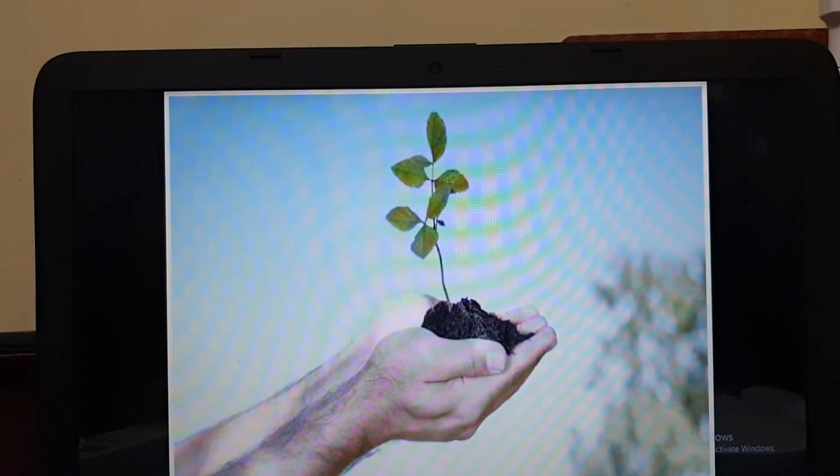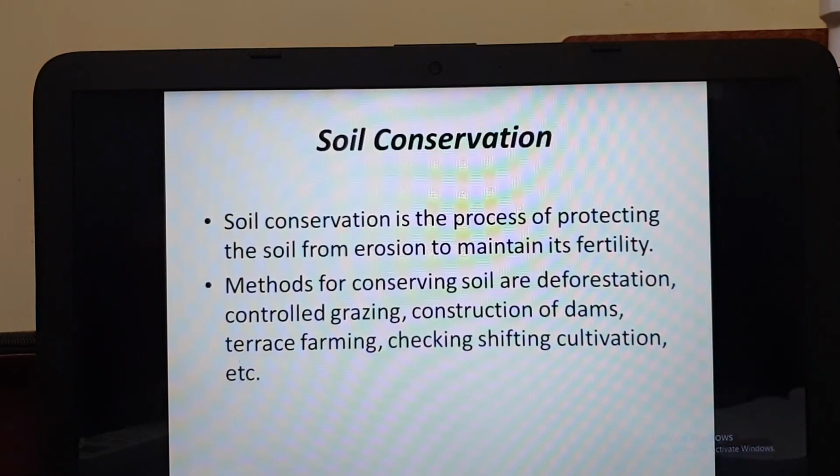Next, by seeing this, what can you understand? Someone is holding soil with a small plant in one hand. It looks like what? Protecting, right? Or conserving. Yes, we are going to see about soil conservation. Soil conservation is the process of protecting the soil from erosion to maintain its fertility.